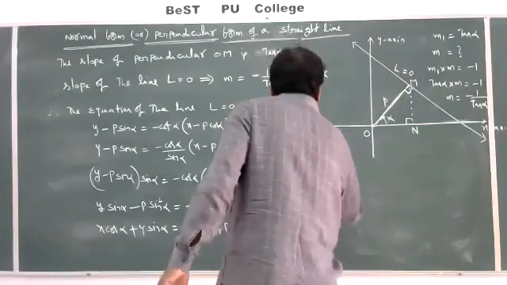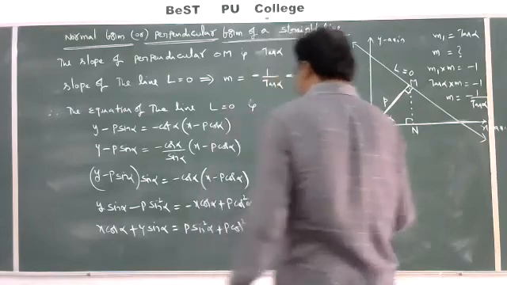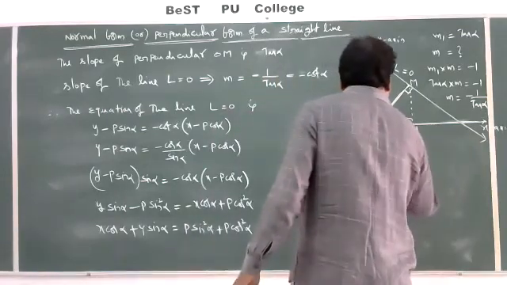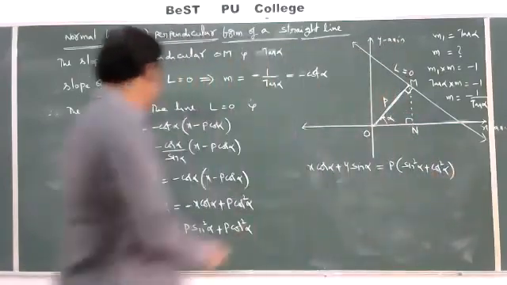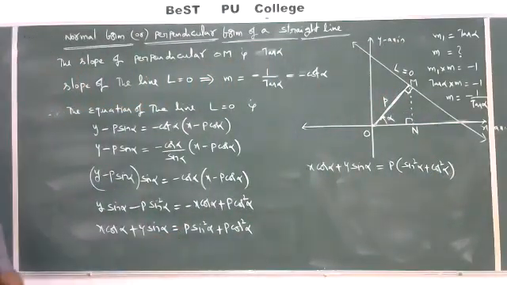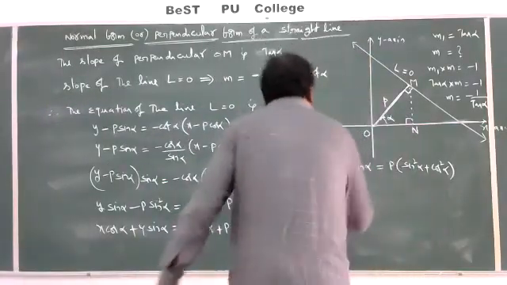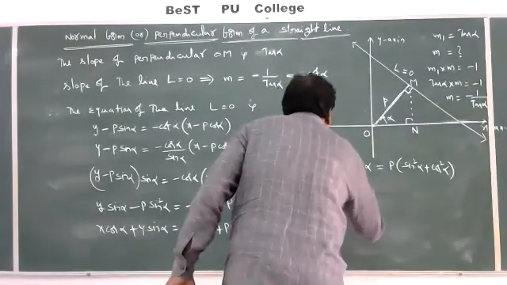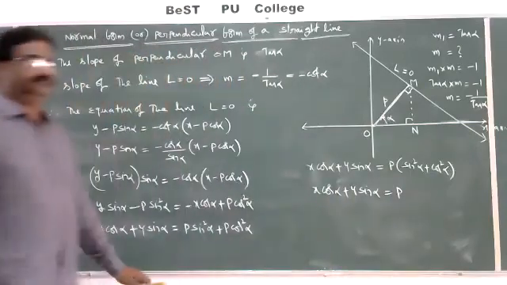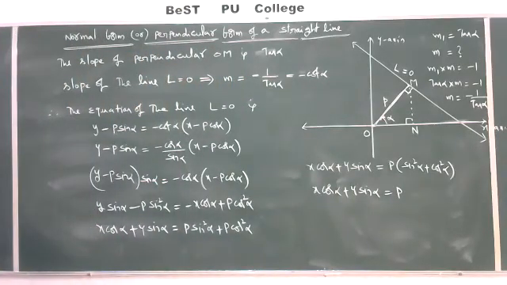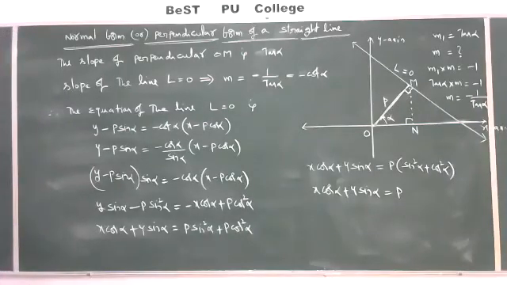That is x cos alpha plus y sin alpha is equal to p, where p is common, sin square alpha plus cos square alpha. Sin square alpha plus cos square alpha is 1, so x cos alpha plus y sin alpha is equal to p.